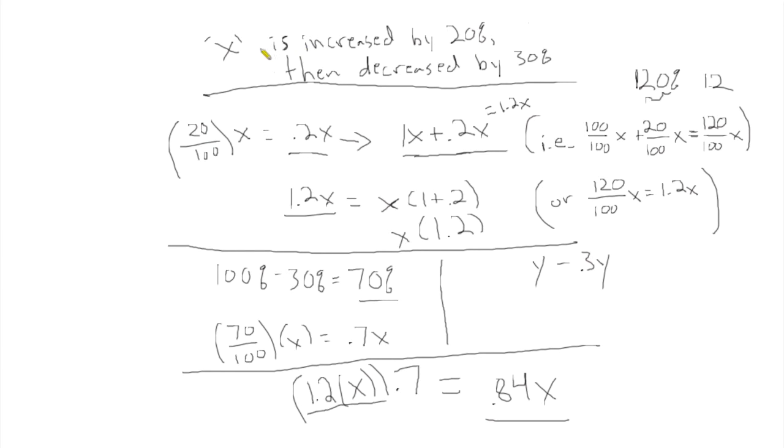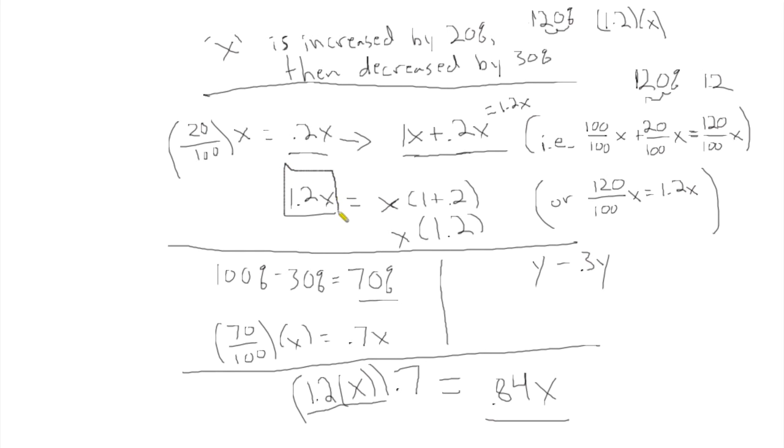So if a number is increased by a value, you basically figure out what the actual percent is that you're taking of x. Increased by 20% means we're taking 120% of x. You move your decimal over 2 places, you get 1.2, and you multiply that by x. So we have 1.2x.